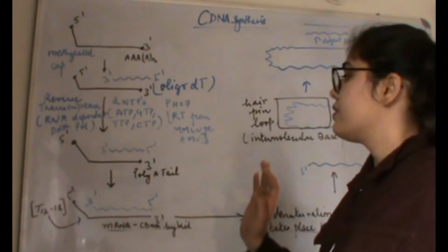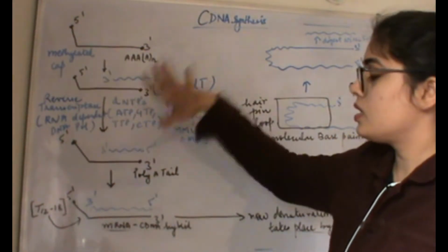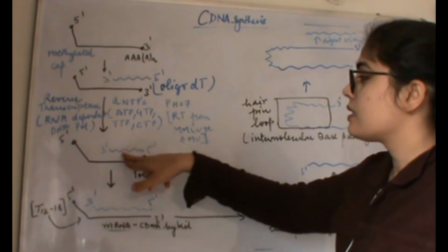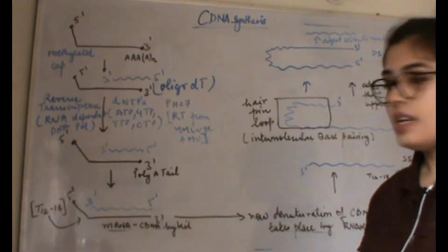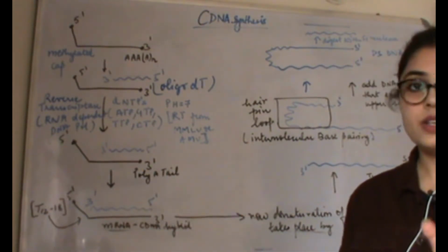So these viruses are obtained and all this process is done. Now the poly A tail starts synthesizing in the opposite direction of the mRNA strand. This is our cDNA strand which is being synthesized, right?